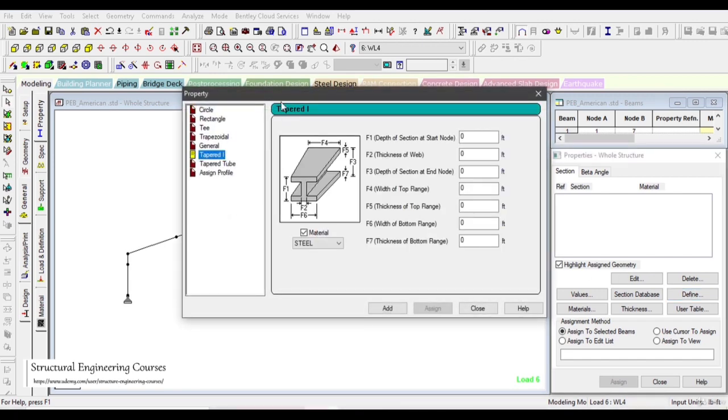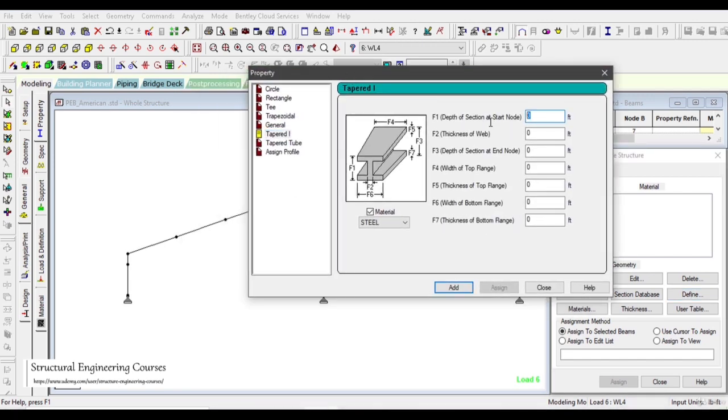We can go to this tapered I. Here we can enter depth of section at start node as 3 foot, 1.25 foot. Thickness of web we can take it as 0.0.